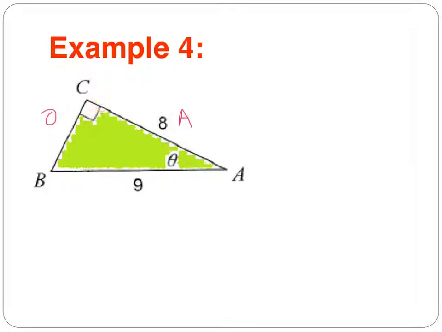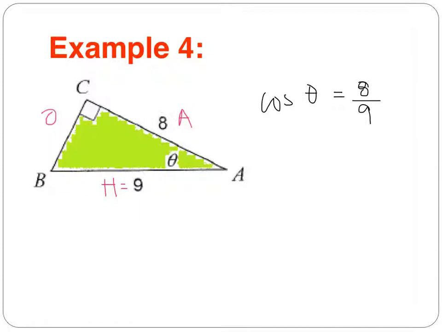And the side across from the right angle is 9, so we will call it the hypotenuse. What trig function should we use? I think this is very obvious, and we worked through it a little bit. Yes, correct. We will use the cosine of theta, which is the adjacent, that is 8 over 9.